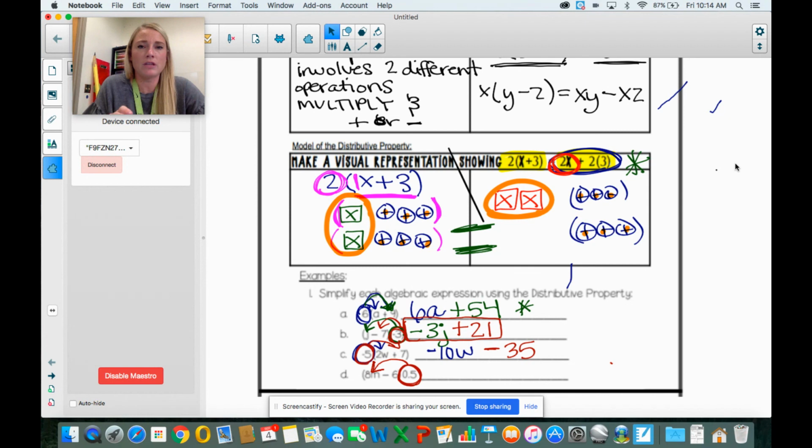So I would punch that into my calculator. 0.5 times 8, which gives me a 4. And then I keep the variable with it. And then, 0.5 times a -6. Again, put that in your calculator and you would get a -3. And you can stop.